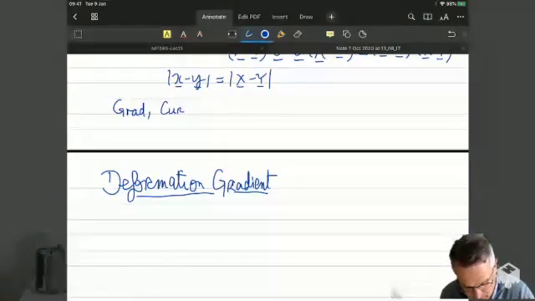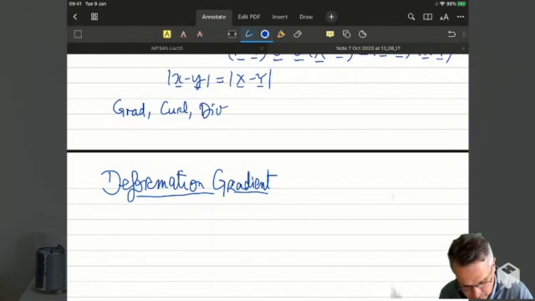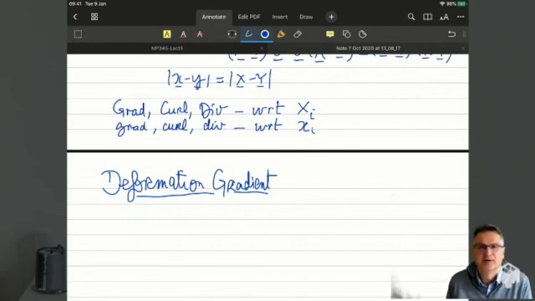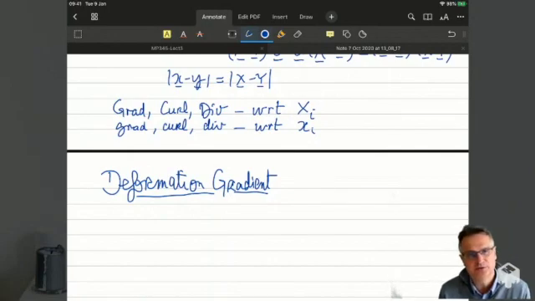Gradient, curl, and divergence with a capital, that's with respect to X, and gradient, curl, and divergence with no capital, that's with respect to x. We have to define those operators. They're all about differentiating with respect to a space coordinate, and so there are going to be two sets of them, one in the reference and one in the current configuration.